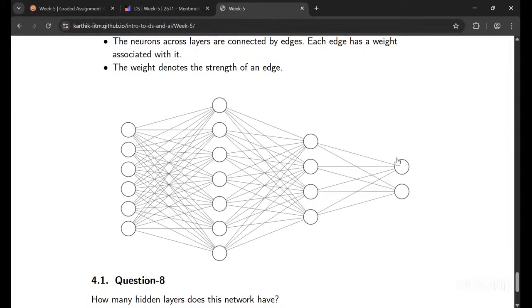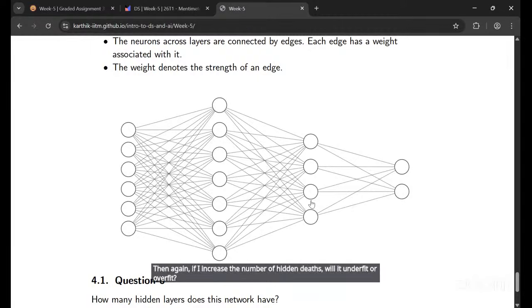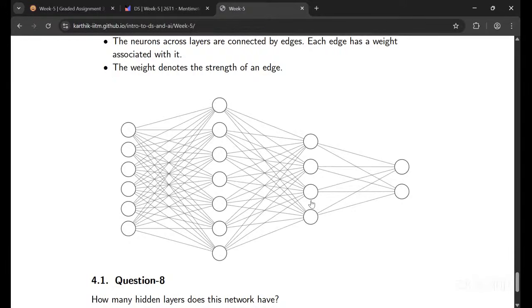Now the last question is, if currently I have 2 hidden layers, and I increase the number of hidden layers, will it underfit or overfit? Overfit. Okay, yes, that's right. And what's the reasoning? Complex situations will take place.